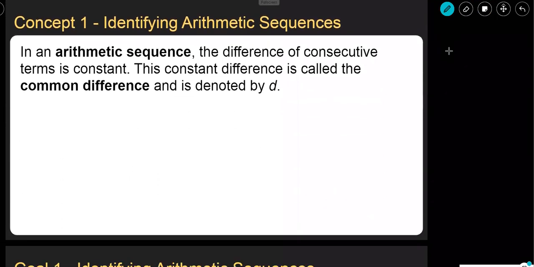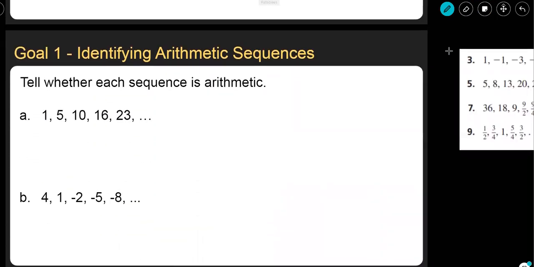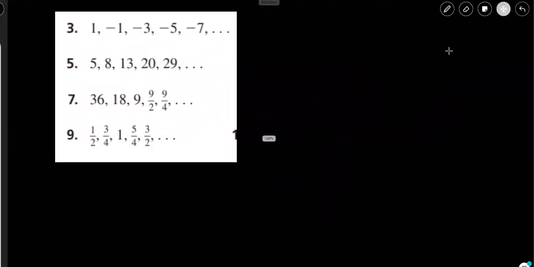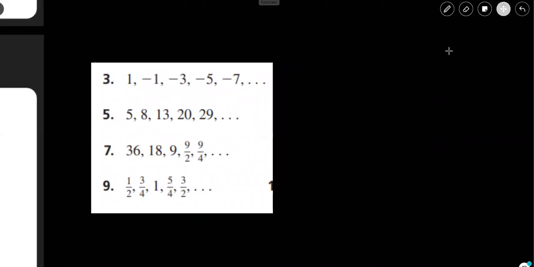All right, so the first concept we did in class was identifying an arithmetic sequence. All we had to do was find if the difference was constant. That's really fast if we look at these four sequences here. We can just look and see what the differences are, and if they're the same every time, then we have a constant difference.